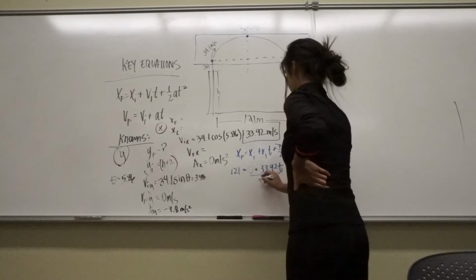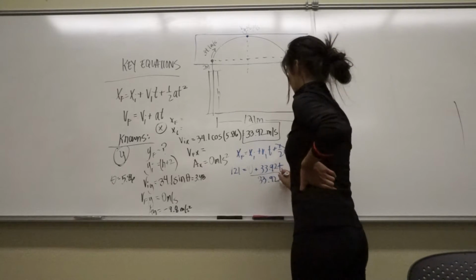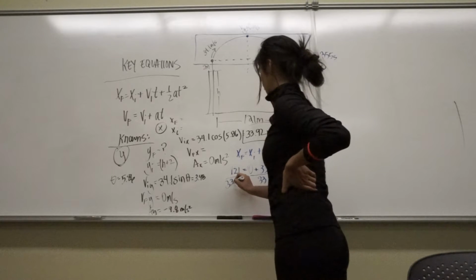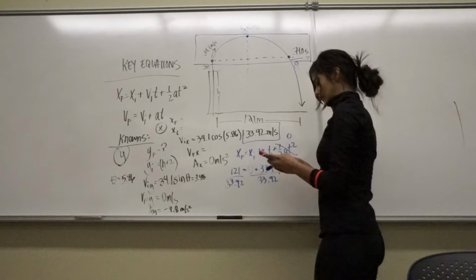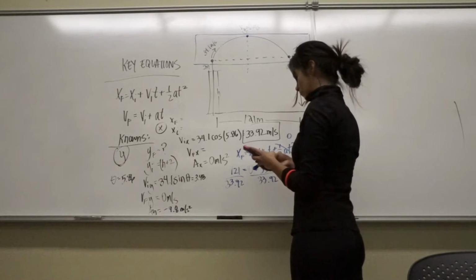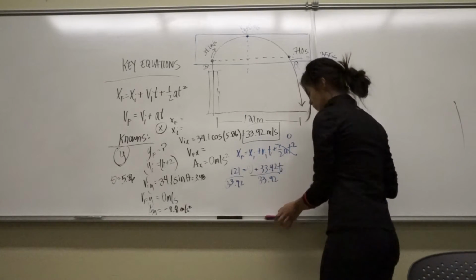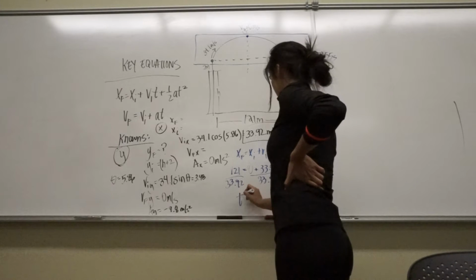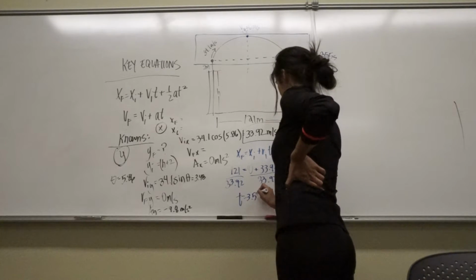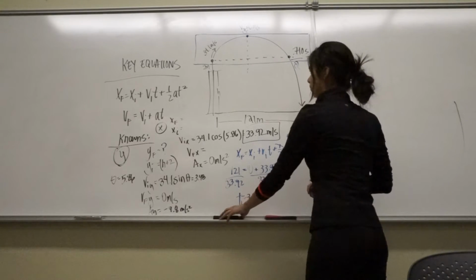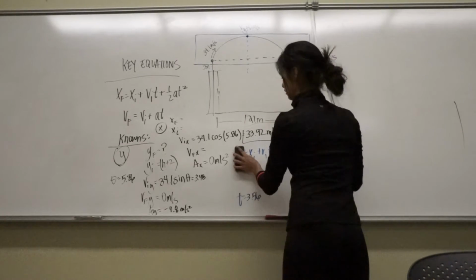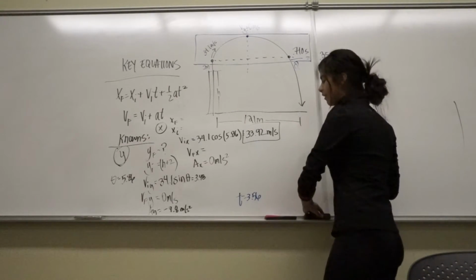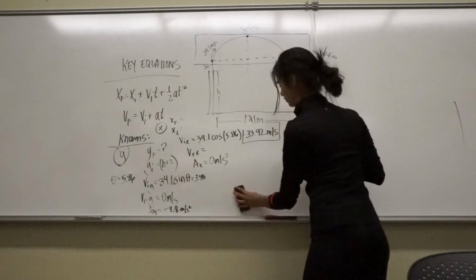So I'm going to divide this by 33.92, divide this by 33.92. And we'll go ahead and solve for time. So 121 divided by 33.92. So total time is 3.56. So it'll take the ball 3.56 seconds to get from here to here. And now that we have time, 3.56.